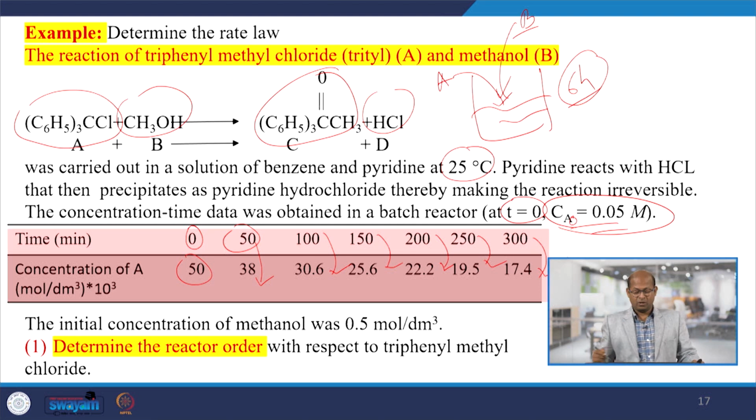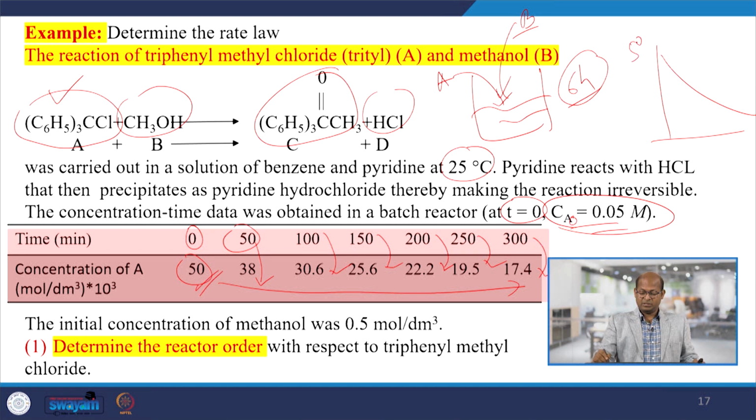This is the experimental observation of the concentration of A. Initially it was high, and with progress of the reaction the concentration gradually decreases. Initially it was 50, and at t equals 300 minutes the concentration would be 17.4. So it is dropping that way. Okay, this is the experimental data.